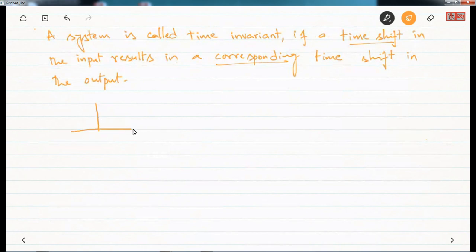if this is the input, and this input produces an output from 0 to, let's say, 5 units, 0 to 5 seconds.